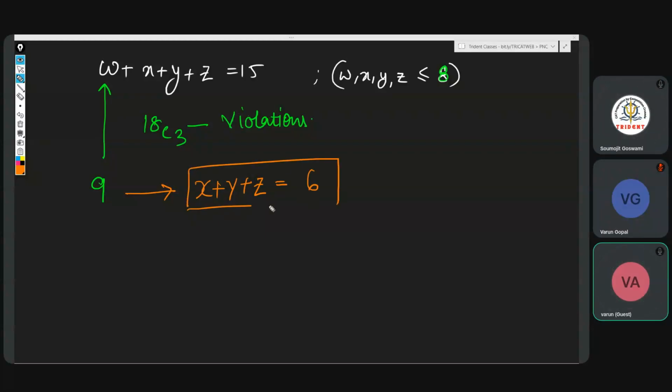Now this is the total number of violations that I will get when I substitute for w. Remember that. I'll tell you where the mistake was. It was a very simple, silly calculation. Not even calculation, I just didn't pay attention to it. Violations would be whole number solutions to this. That is going to be how much? 8C2. Is this okay, guys? Hello?